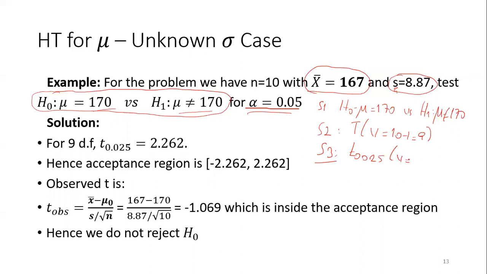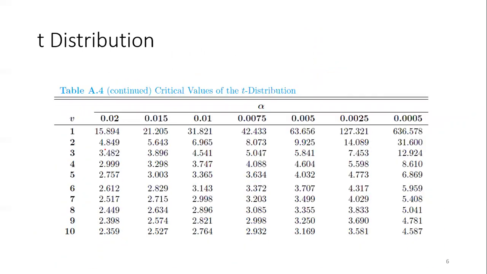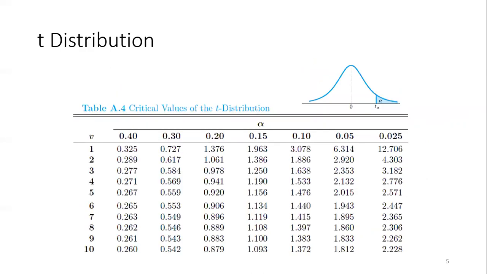Let me write the v for now, but we will later omit it. Let's look at the table: 9 degrees of freedom, alpha value of 0.025. That's equal to 2.262.